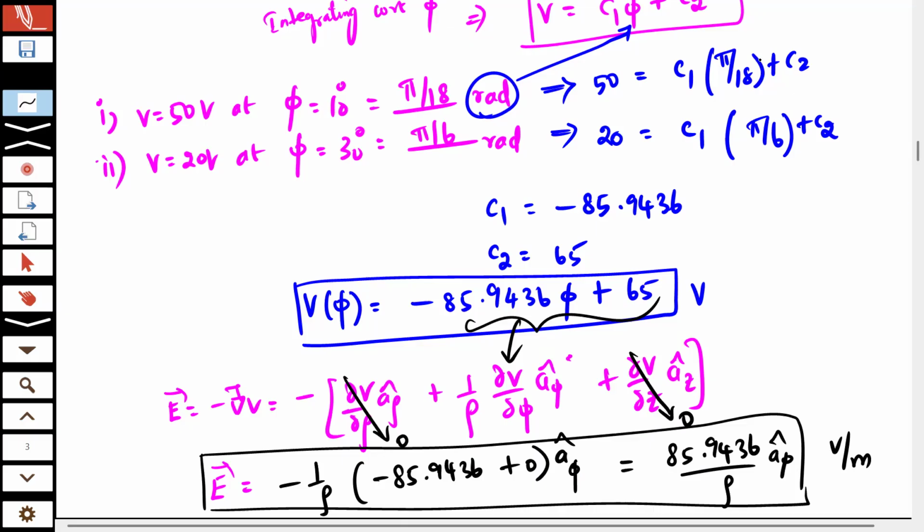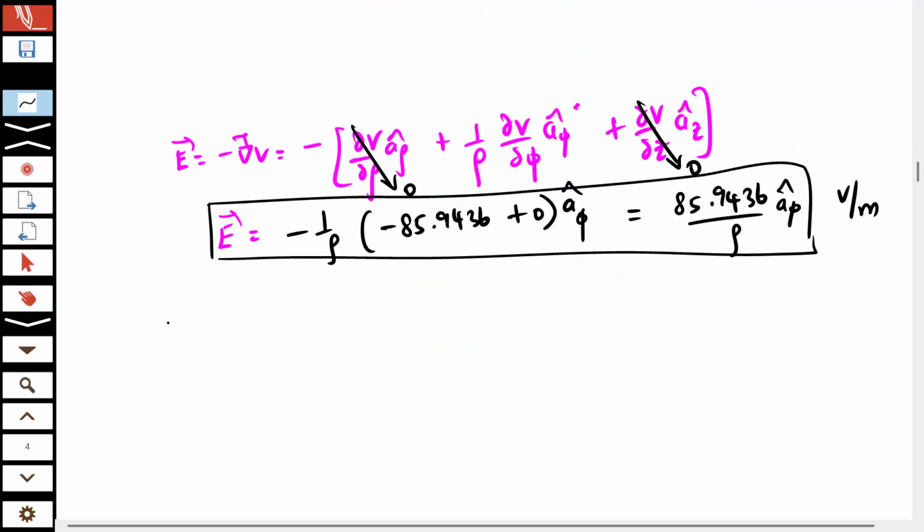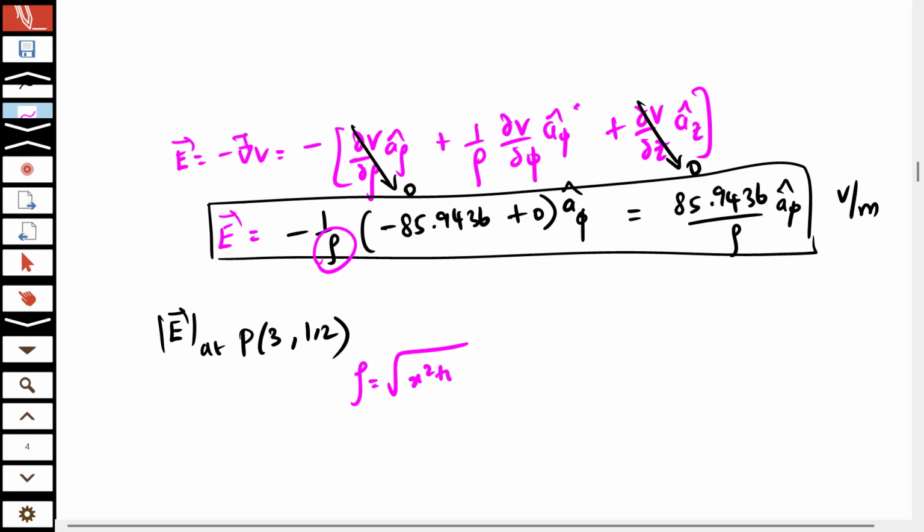Now we should find the value of electric field intensity at the given point. We can find the electric field intensity at point P, which has the coordinates 3, 1 and 2. For this, again, we should find the value of rho and substitute. We know rho is under root x square plus y square. Here x is 3 and y is 1, which gives root 10.